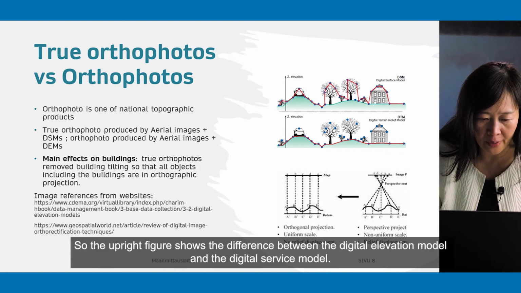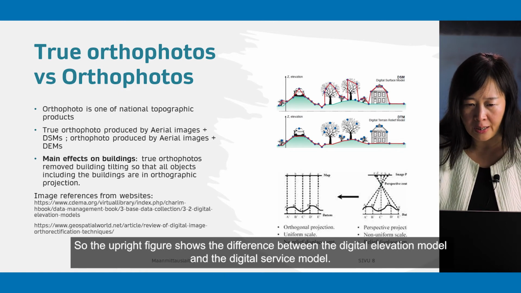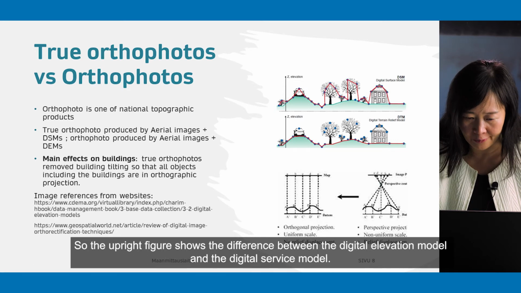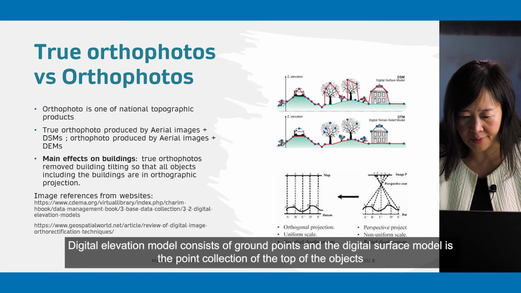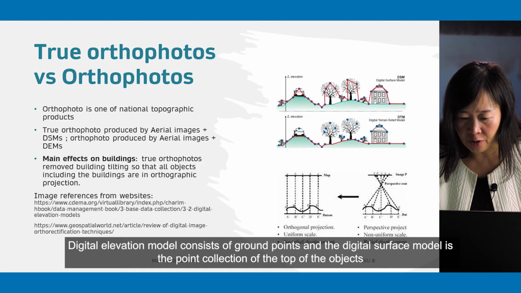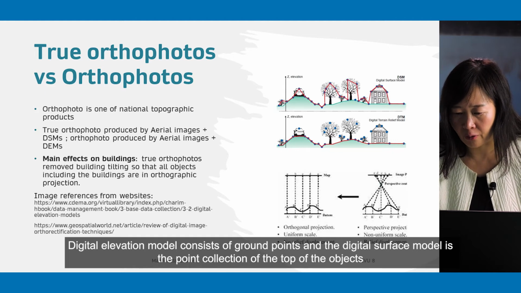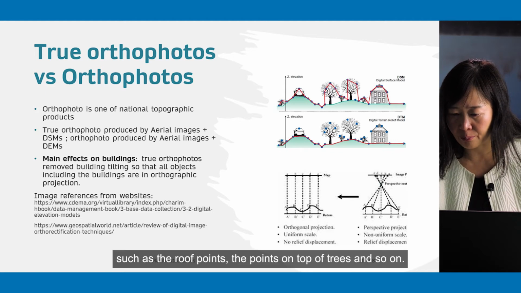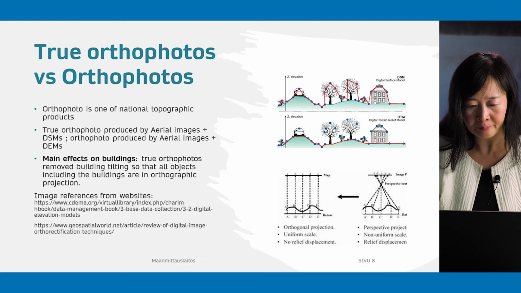The upper right figure shows the difference between the digital elevation model and the digital surface model. A digital elevation model consists of ground points, and the digital surface model is the point collection of the top of objects such as the roof points, the points on top of trees, and so on.